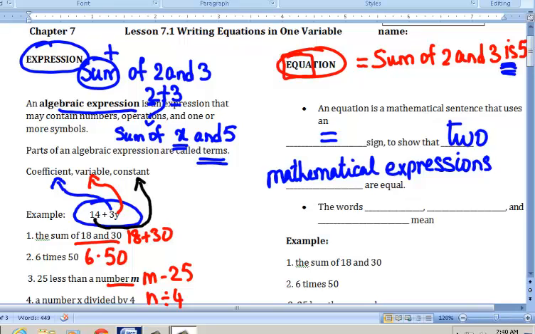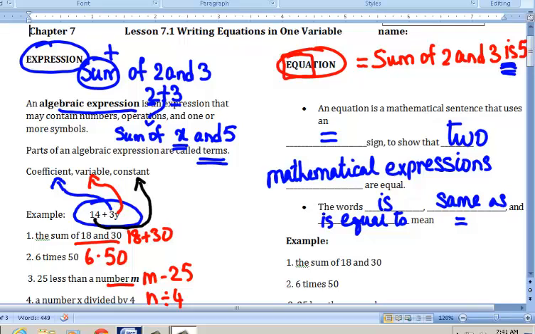The words is, same as, and is equal to mean equal to. That's what it means.